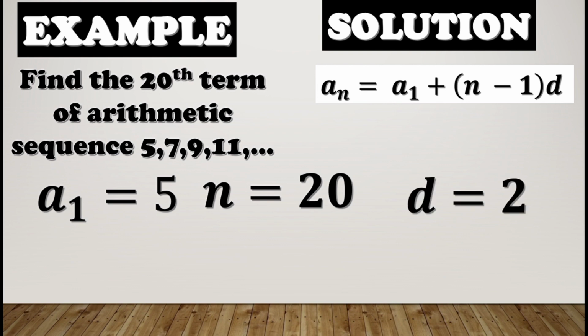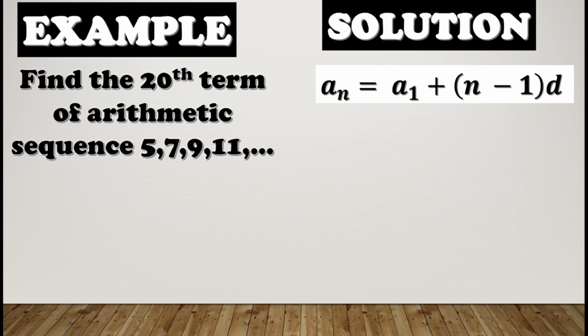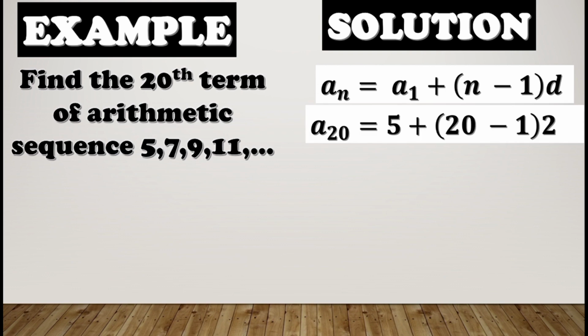And the common difference is 2. So using the values obtained, substitute this in our arithmetic sequence. So a sub n, that is a sub 20, equals 5, the value of our a sub 1, plus quantity, n is 20 minus 1 times the common difference, which is 2.